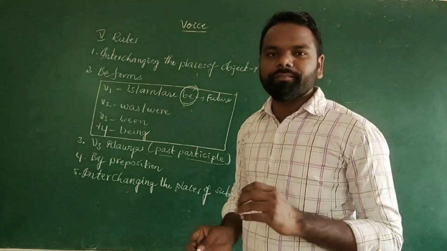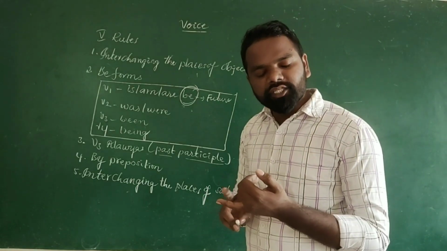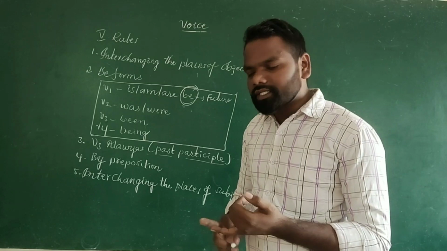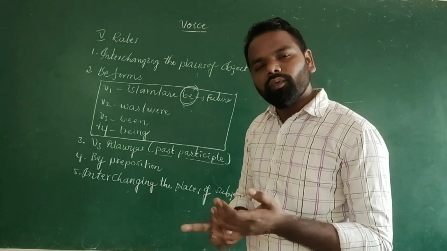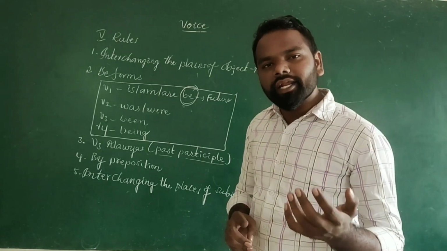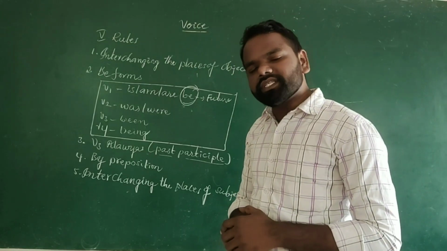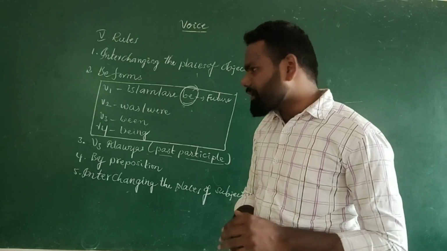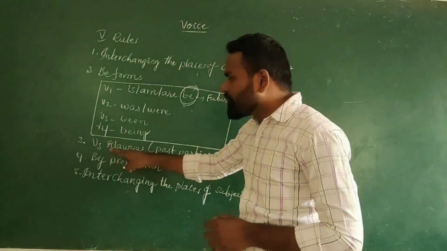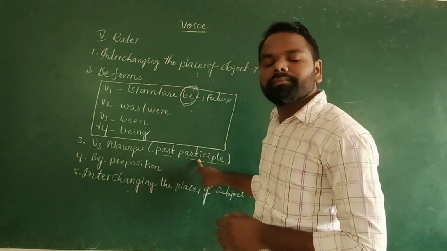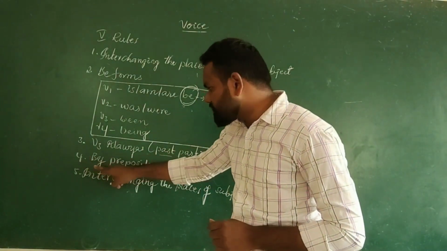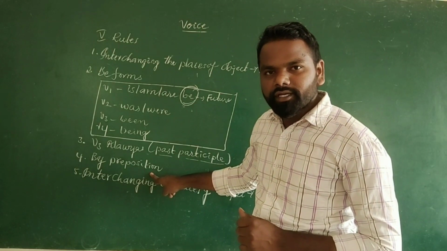Whatever the verb given, whether it is V1, V2, V3, V4, or still what we call V5, we never worry about it. When we change to passive voice, we should keep in mind it changes to the V3 form, the past participle, always V3 form.